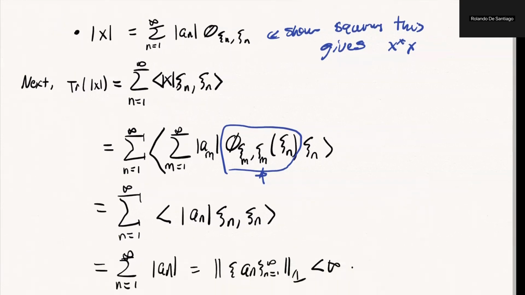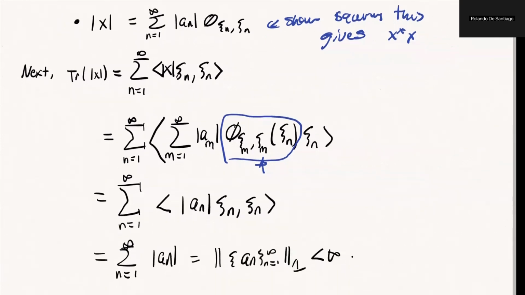So then working through this, let's factor out these coefficients, and now we're left with the inner product of a_n against a_n, but that's going to be 1 since I've started with an orthonormal basis. And so all I really have is the sum as n ranges from 1 to infinity of a sub n. And that is exactly the one norm of this sequence that I had started with.